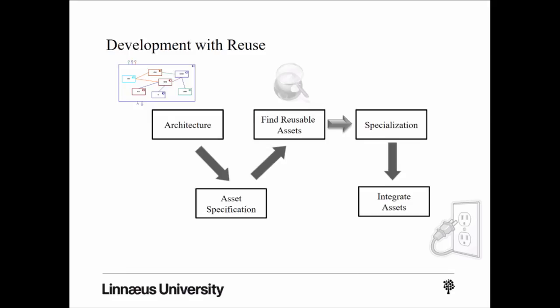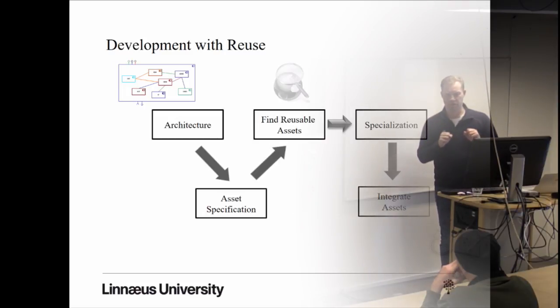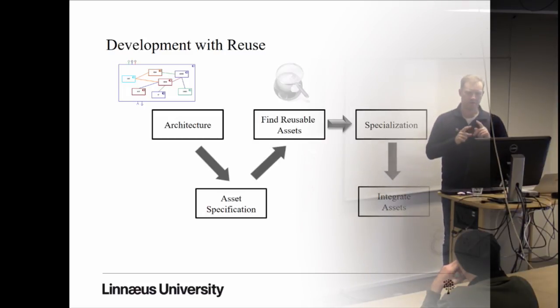But the role of the architecture when you develop with reuse is actually that you specify, you remember, the responsibilities of your components and the interfaces of your components. Having that gives you a great opportunity to use them as search criteria.